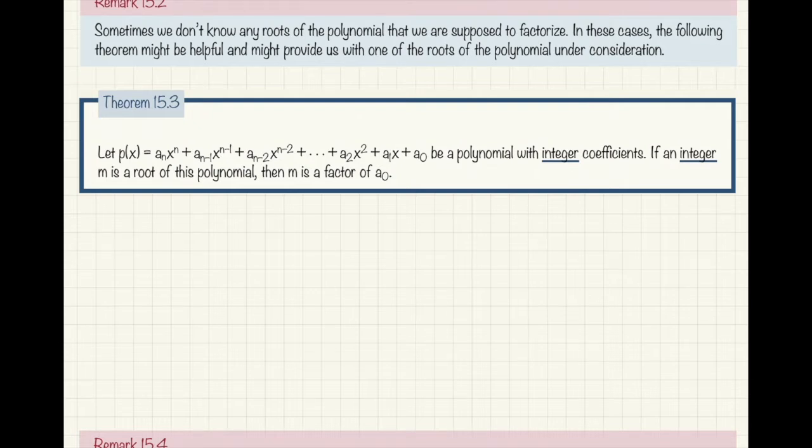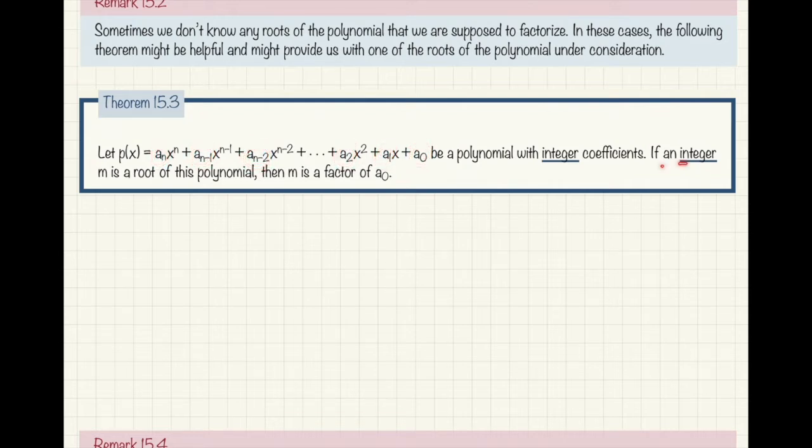Let p of x be a polynomial with integer coefficients. So it means that this is a polynomial, and all of these coefficients that you see here are considered to be integers. If you have a polynomial of this type, this theorem only works for this type of polynomials.